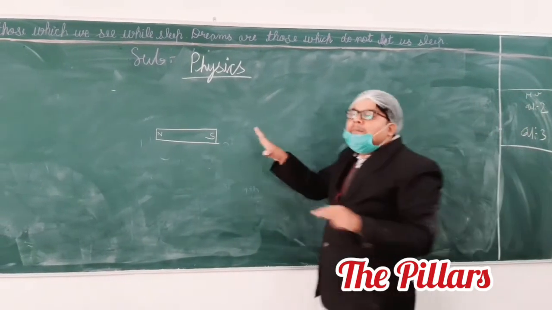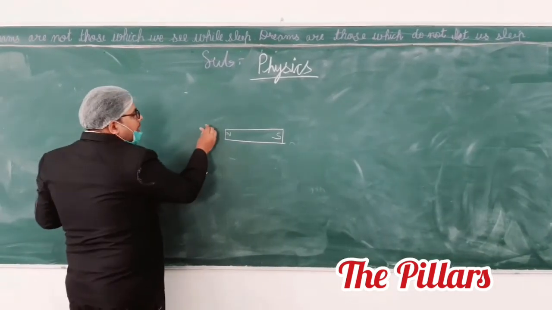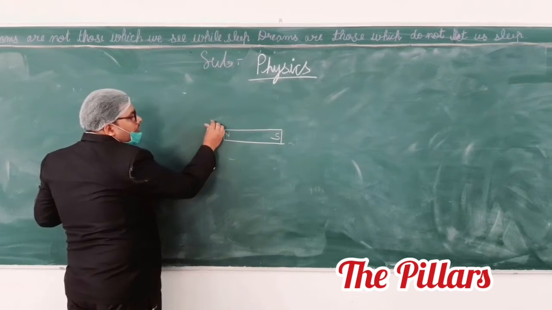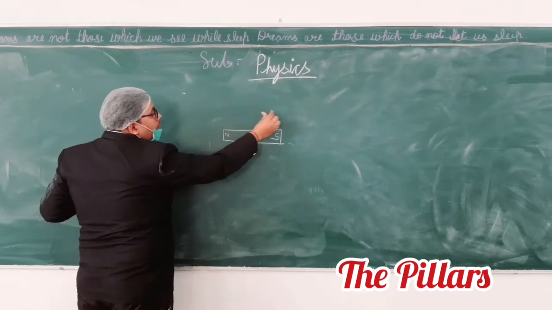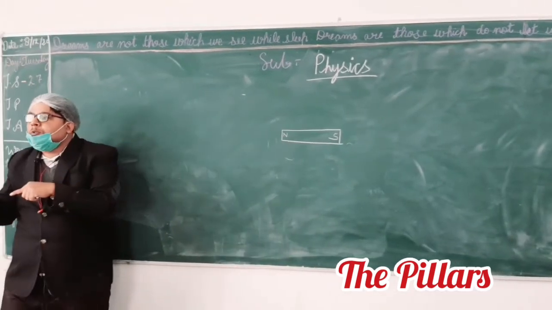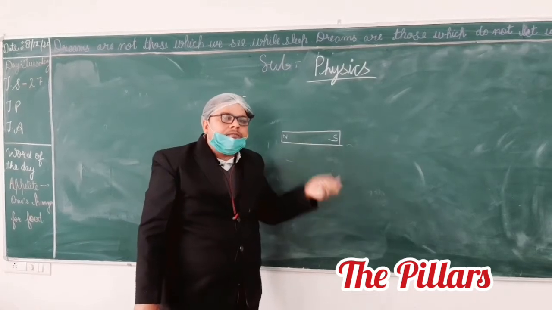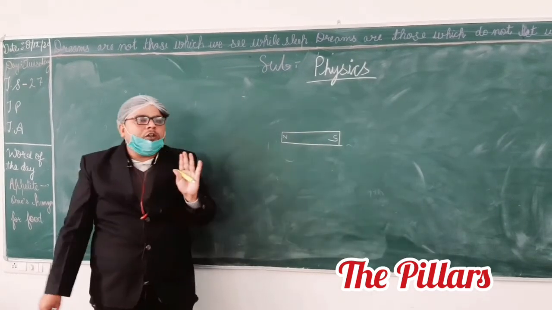But if we have a bar magnet and bring the magnetic compass close to this, we will see deflection, and that deflection is due to the net effect of the magnetic field due to this magnet as well as Earth. Is this point clear to all of you?